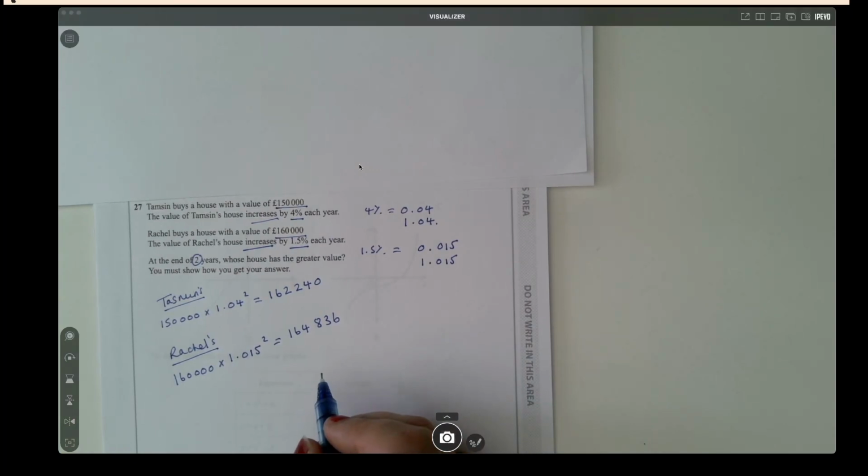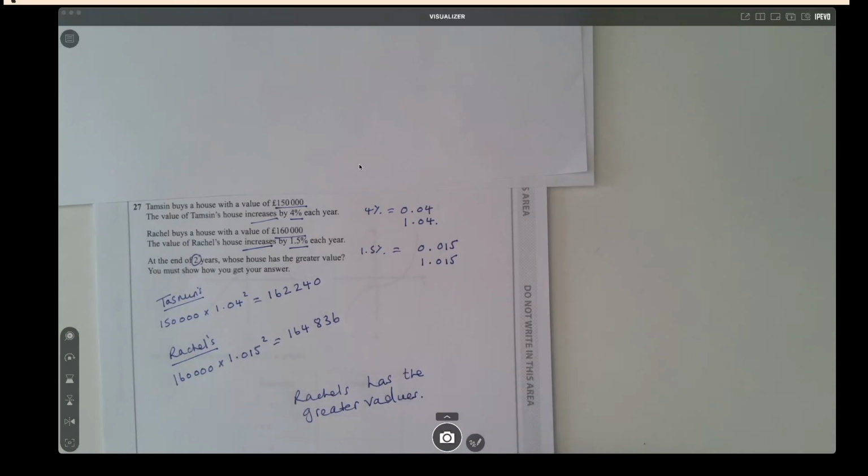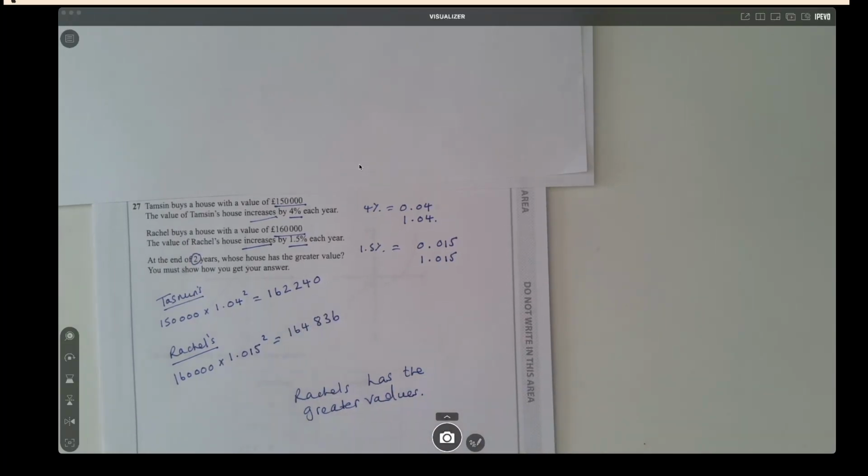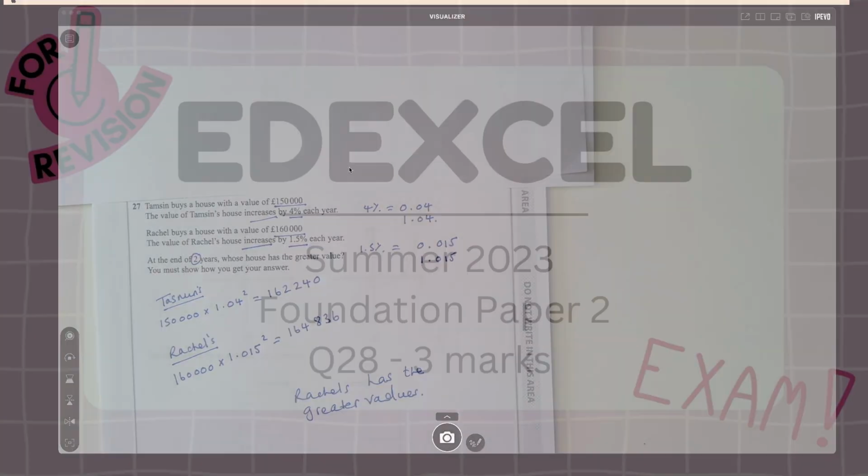Whose house has the greater value? Well, Rachel's has the greater value. Because 162,240 is less than 164,836.